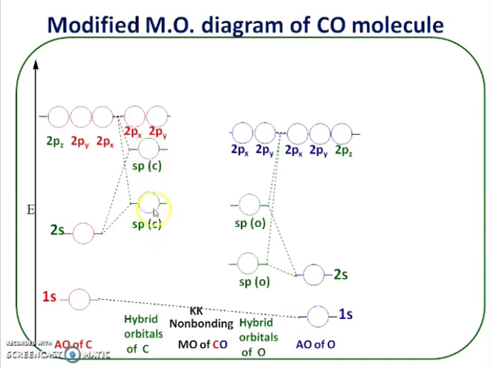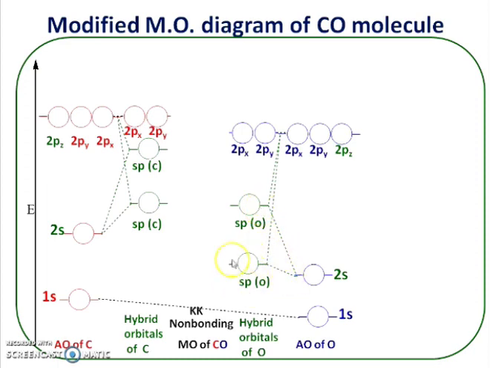Now when you look at the energy of sp hybrid orbitals of carbon, the higher sp hybrid orbital of carbon has too much high energy, whereas the lower sp hybrid orbital of carbon has nearly the same energy as the higher sp hybrid orbital of oxygen.